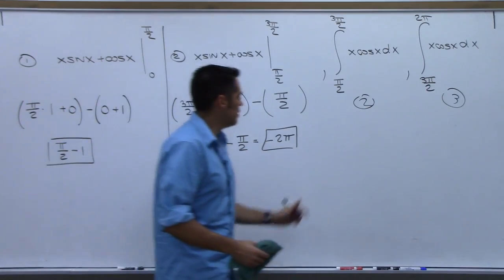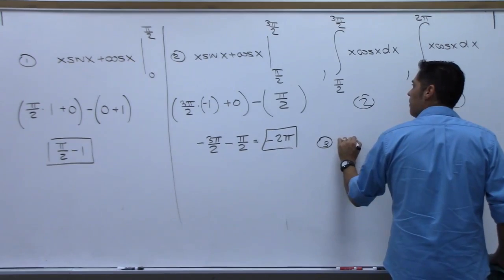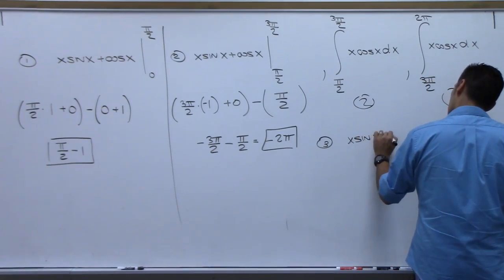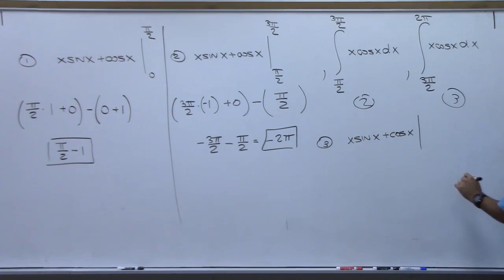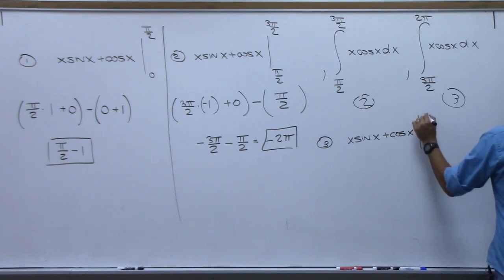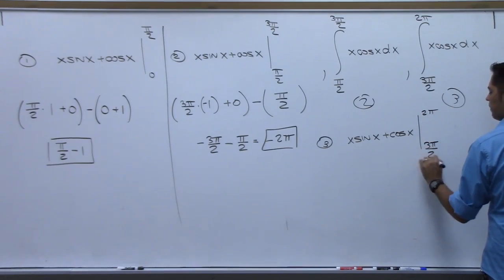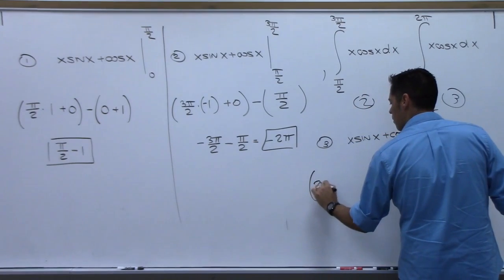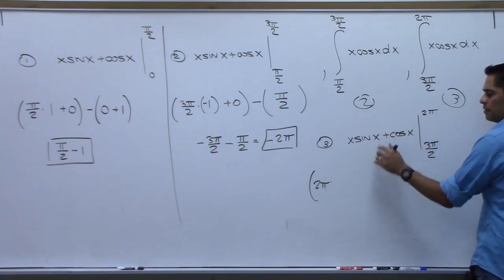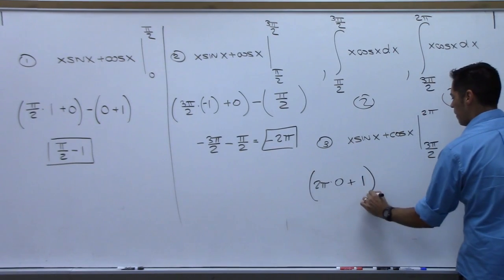All right, let's do the last one, 3. So we're doing x sine x plus cosine x, evaluated at 2 pi up here and 3 pi over 2 here, right? Okay, let's do 2 pi. You get 2 pi, what's sine of 2 pi? 0. Plus, what's cosine of 2 pi? 1.